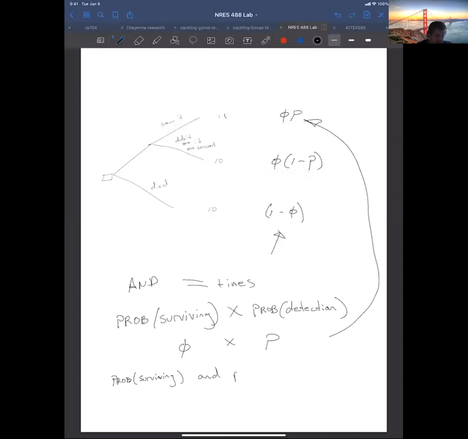Well, the probability of surviving is phi, and "and" means times, and then the probability of not seeing it is 1 minus p. So this is where we get this here.